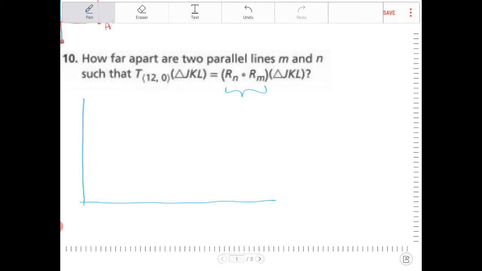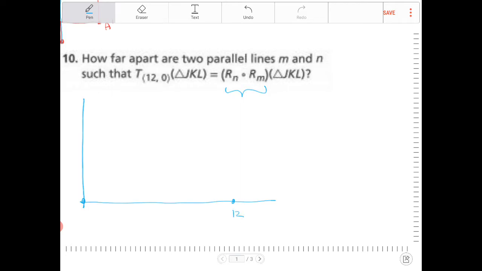If I'm translating something 12 units over, I want to make a statement before I give the solution: there's actually an infinite number of possibilities here. Let me explain that in a moment. Let's say I'm translating this 12 units.